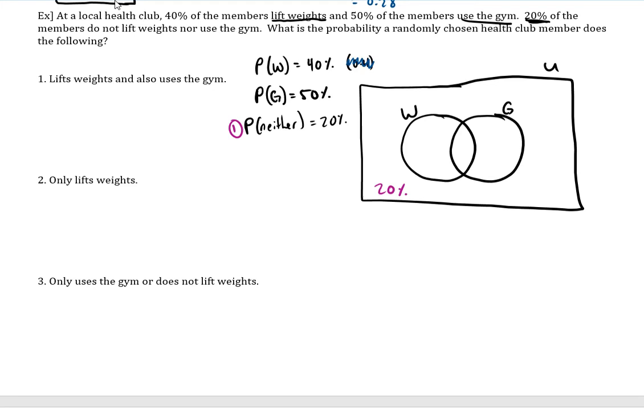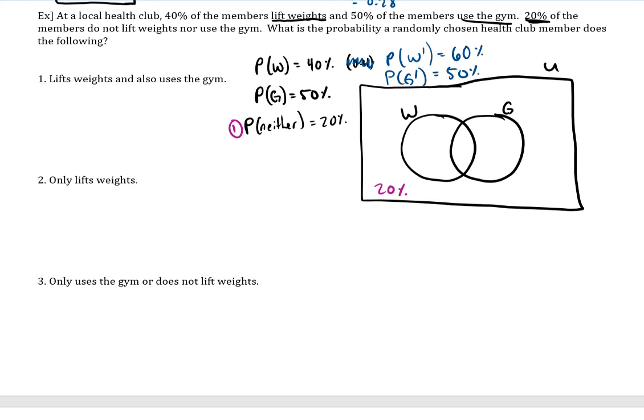Based on the weightlifters, if 40% of the members use the weights, that must mean that 60% do not. So the 40% plus 60% should add up to 100. That tells you how many do not use the weights room. And the probability that they use the gym is 50%. So that means the probability, let's just put it right here, that they don't use the gym is also 50%.